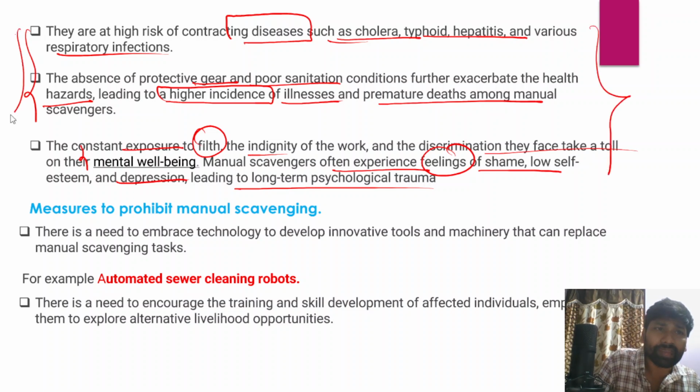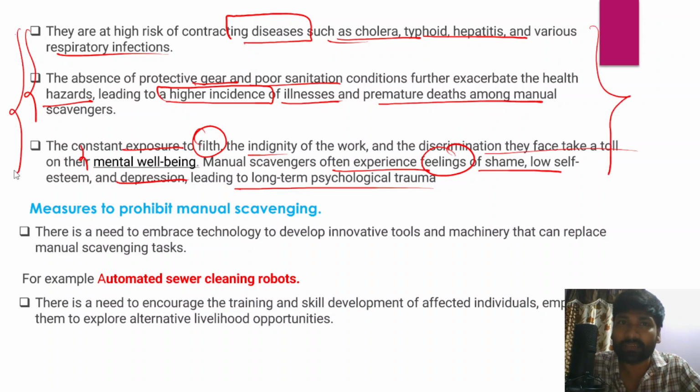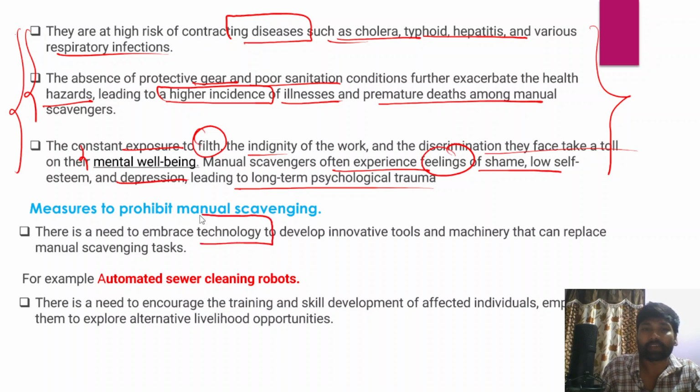So these are the major reasons for the prevalence of manual scavenging in India, and also the effects that they go through. However, there are certain measures that can be adopted to altogether prohibit this derogatory practice. So there is actually a need to embrace technology. For example, IIT Madras has recently found an innovative solution, that is Bandicoot.